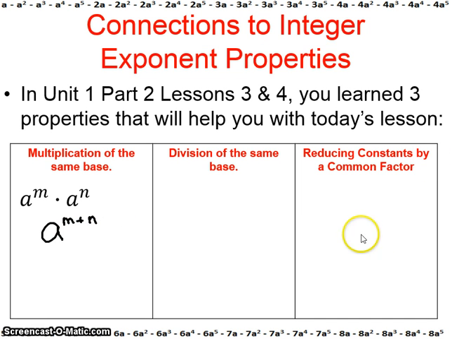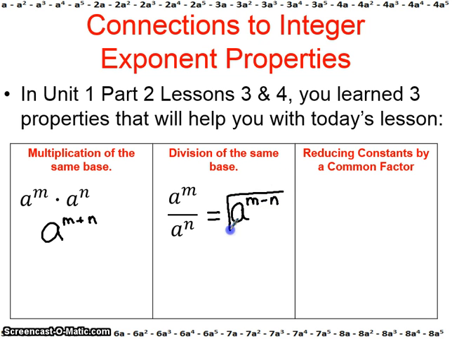The second property that will help us today is division of the same base. So if we have the same base being divided, we can simplify it by writing that same base and subtracting the exponents.